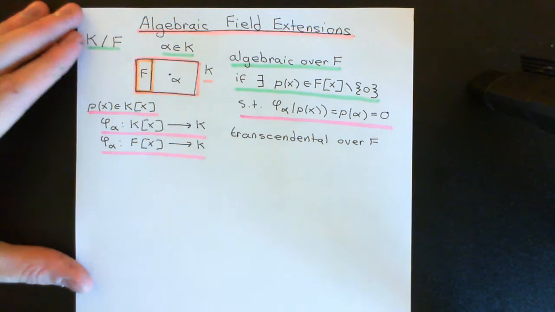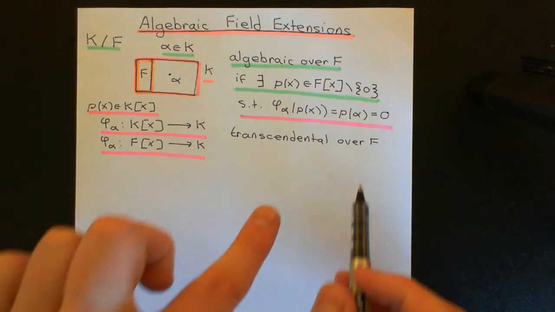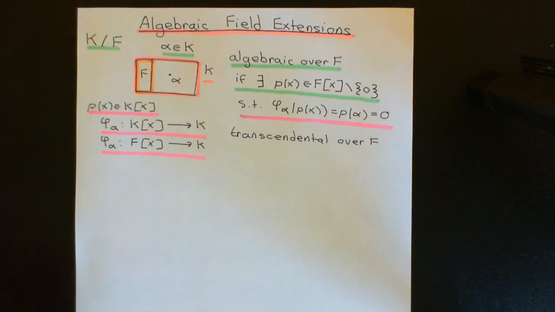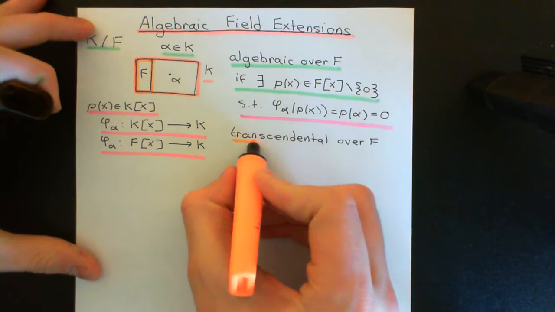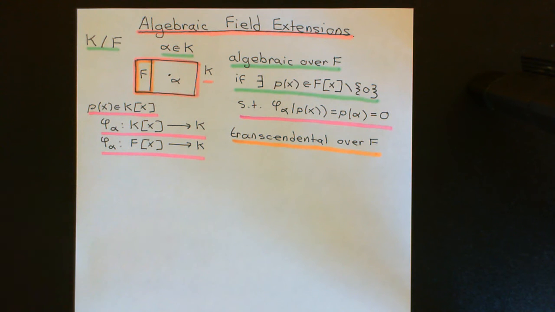It doesn't make sense to call something transcendental unless you are doing it with reference to some smaller field, in this case over F.